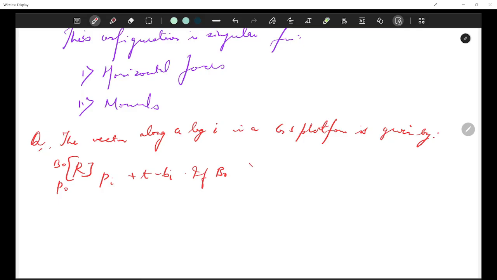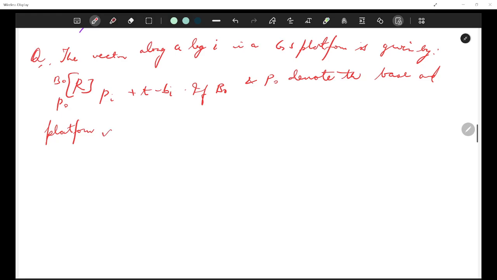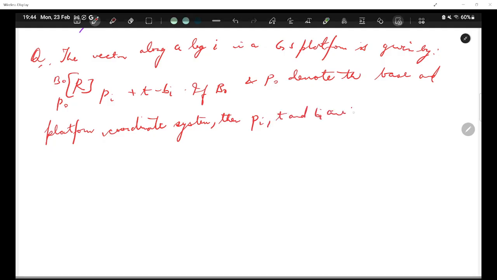if B naught and P naught denote the base and platform coordinate systems, then Pi, T and Bi are defined how?